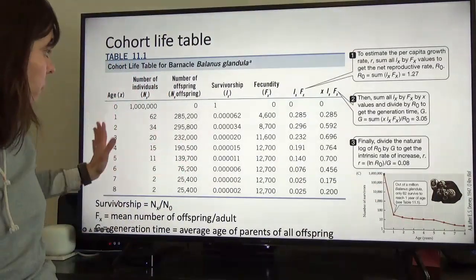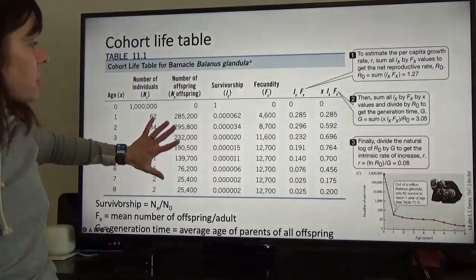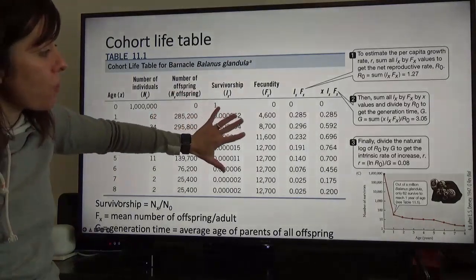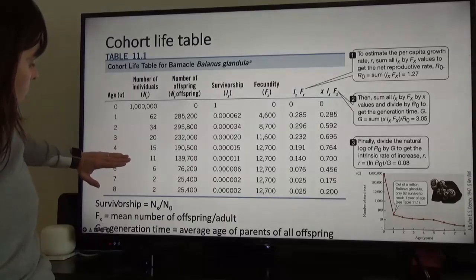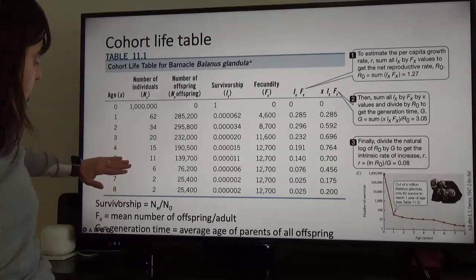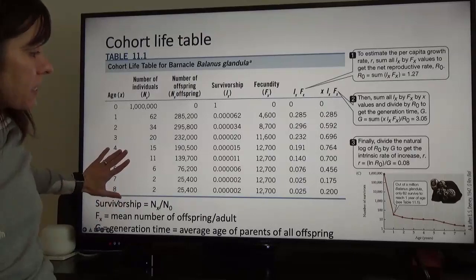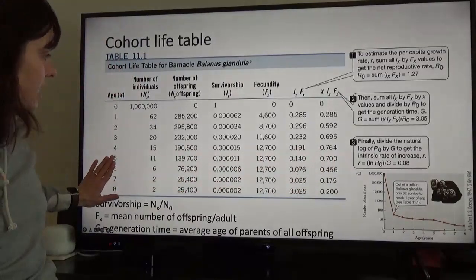So this is the kind of information we get from life tables. It's really critical for forecasting. So you can imagine if you said, okay, well, we're going to harvest, for whatever reason, barnacles ages 5 through 8, and we remove this portion of our age classes.